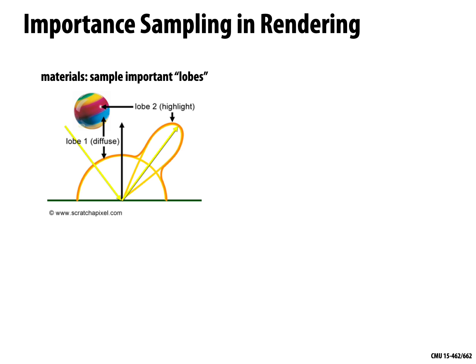What about in rendering? What kinds of probability distributions can we cook up to help reduce variance? Well, there's two important classes of local importance sampling strategies we talked a little bit about last time. One is to importance sample according to materials.